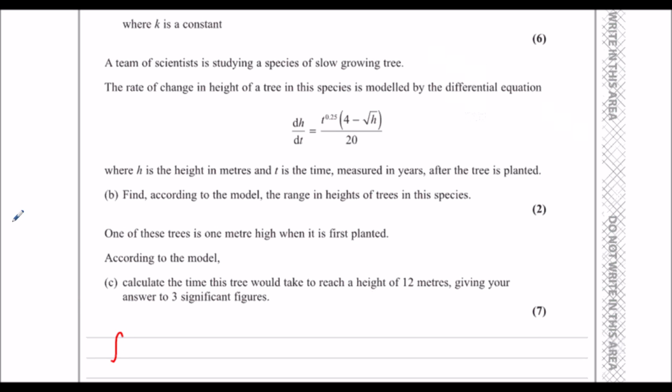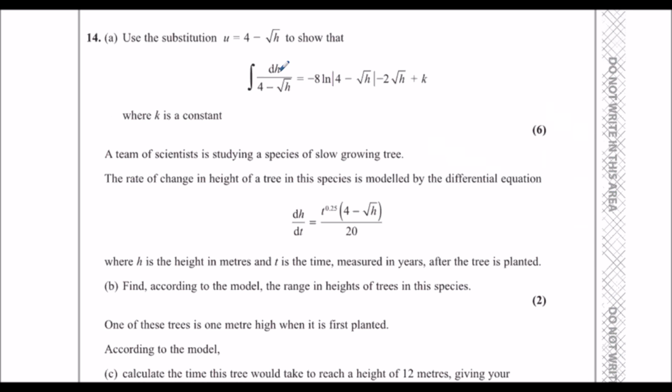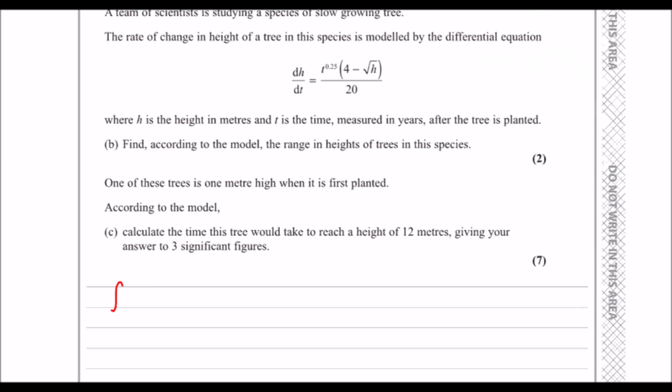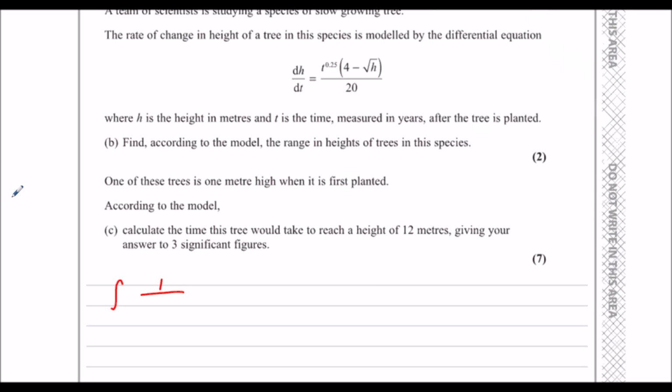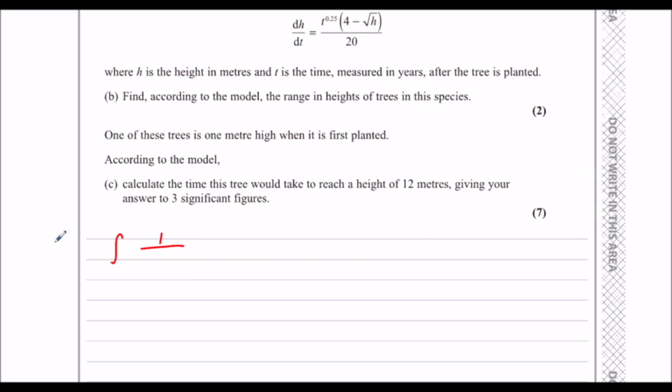We've got dh on top, usually it comes after. So I'm going to rewrite it as 1 over 4 minus root h dh. We're using a u substitution, and we're told u is 4 minus root h.